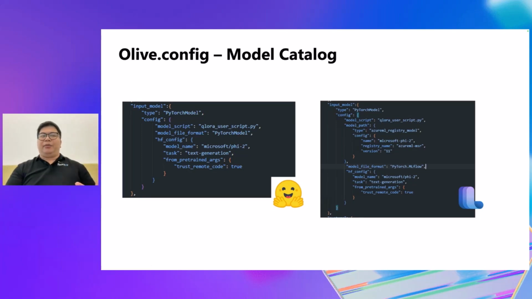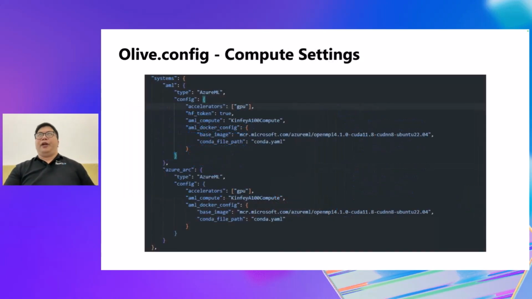Maybe you can set the model in the local tool. Another thing is the compute. If you do not set the compute, Microsoft Olive will set your local compute for the SLM. But if you set the compute just like here, Azure ML, we will call the Azure ML compute. Of course, you can set the Azure ML cluster for your GPU.